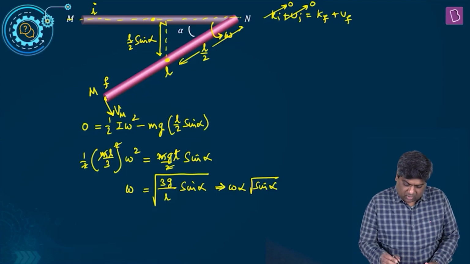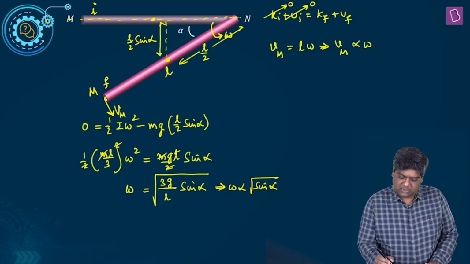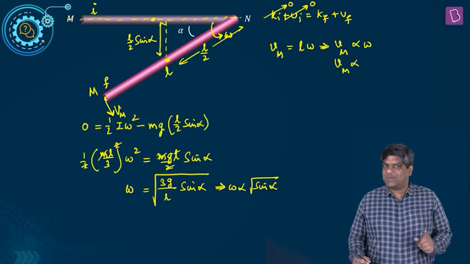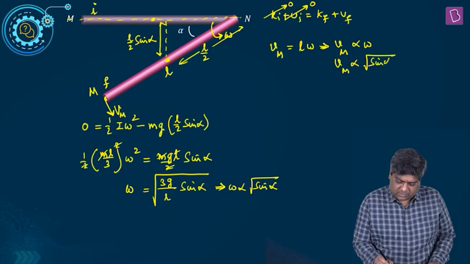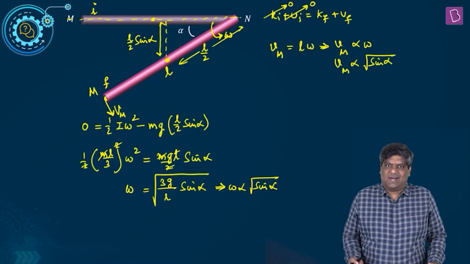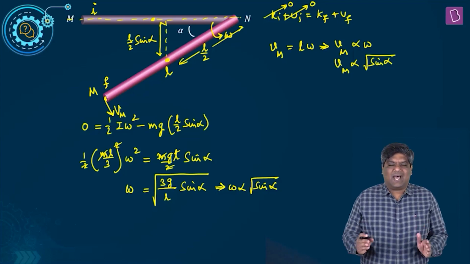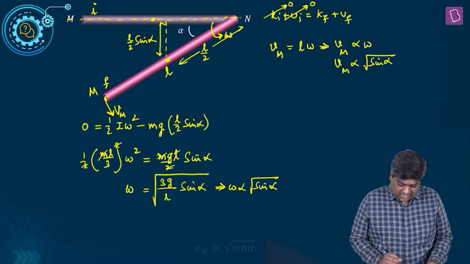So velocity of M is equal to L omega, which implies velocity of M is proportional to omega, and since omega is proportional to root of sine alpha, velocity of M will also be proportional to square root of sine alpha. That is the required answer for this particular question.